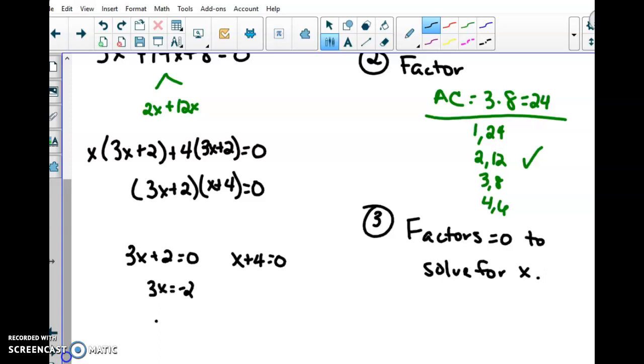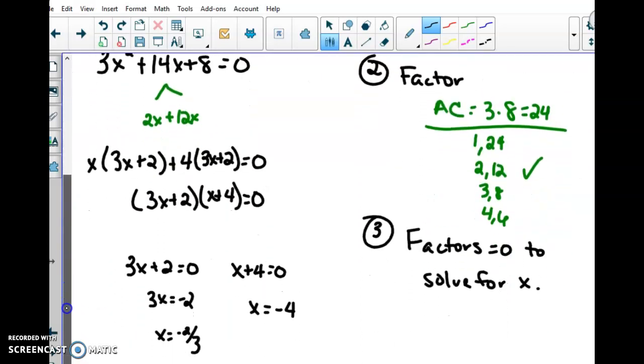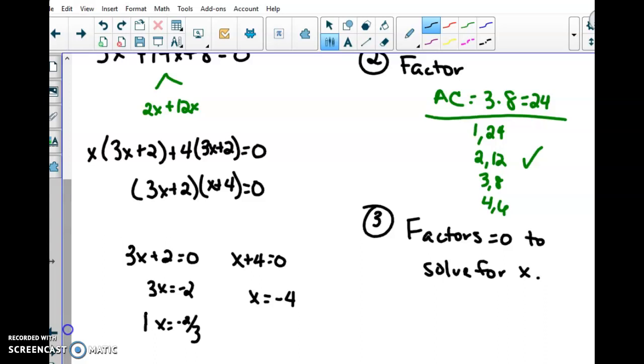If the numerator has the same factor, then it's not actually a vertical asymptote. Instead, it's a hole. Looking at our numerator, 4x plus 1 did not occur. So these here are going to be our vertical asymptotes.